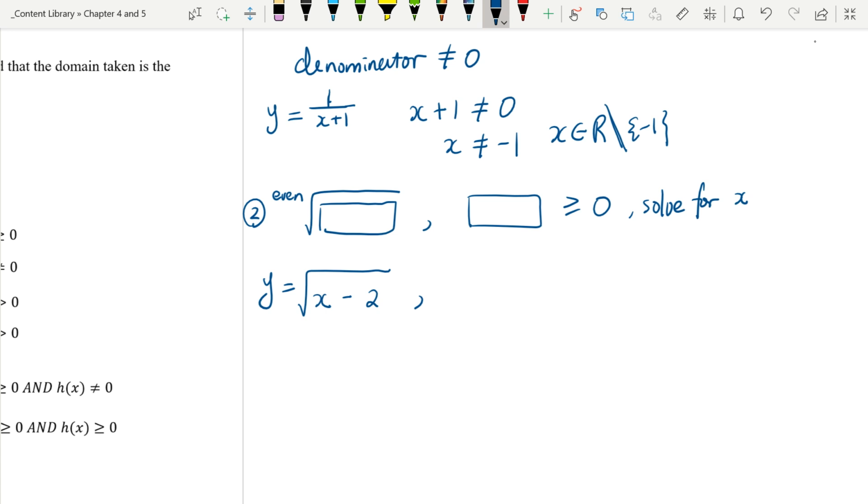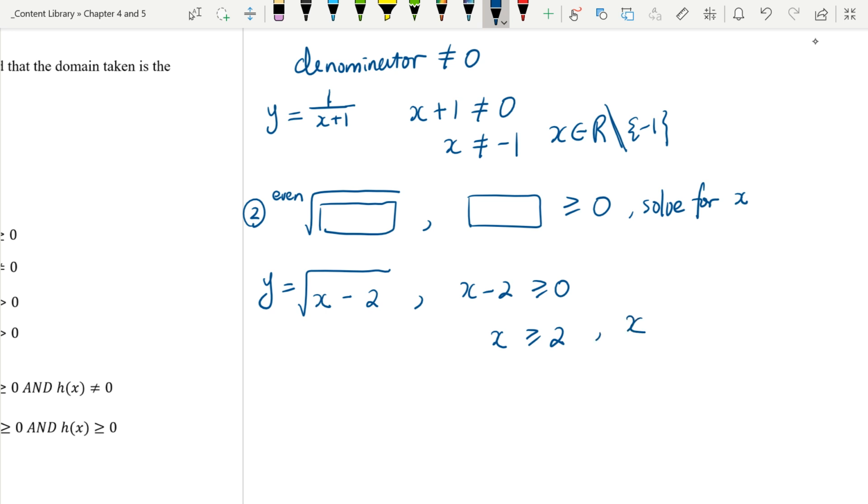So for this one, what kind of equation do I need to set up if I want to solve the domain? What needs to be greater or equal to 0? X minus 2, the inside, whatever you put inside the square root, needs to be greater or equal to 0. And when we solve it, x is greater or equal to 2.